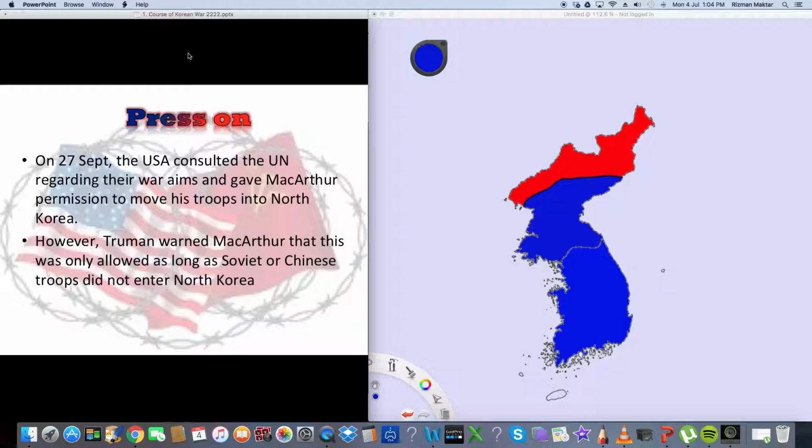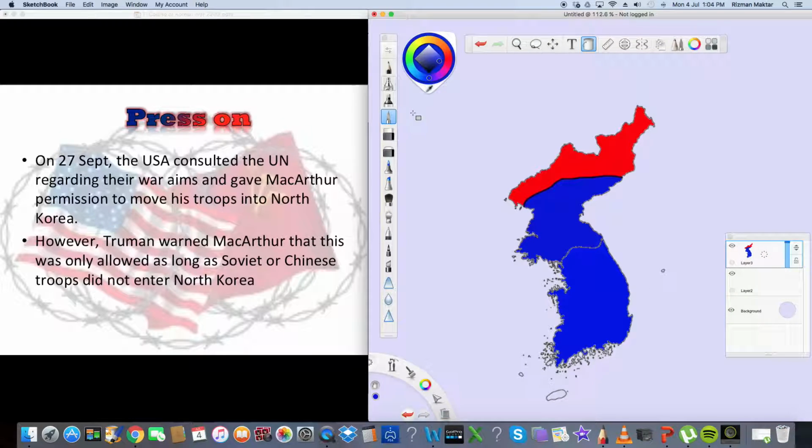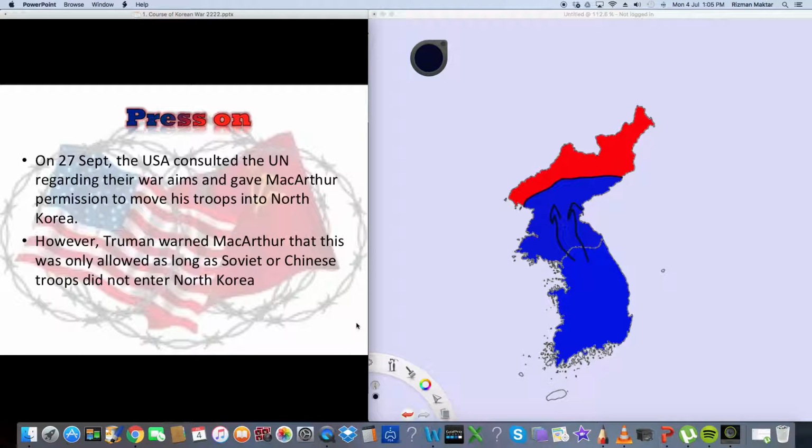So we managed to push them right about there. Let's just indicate the arrows. Right about there. Let's move on to the next map.